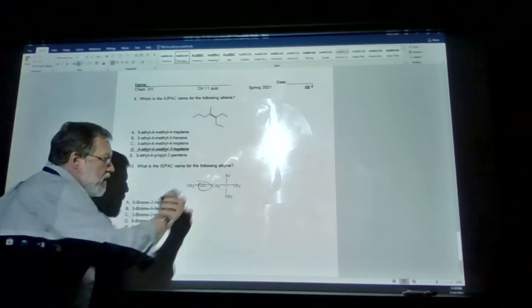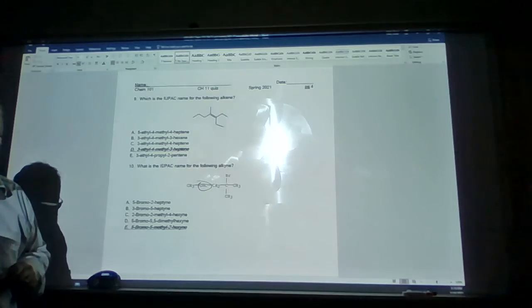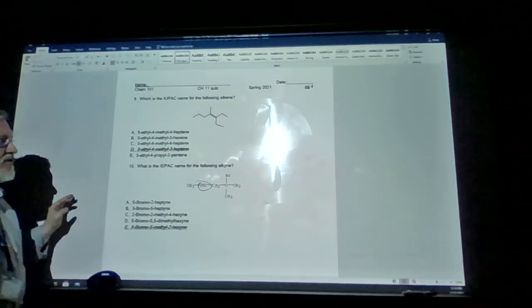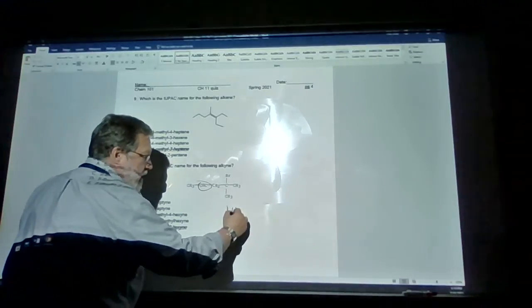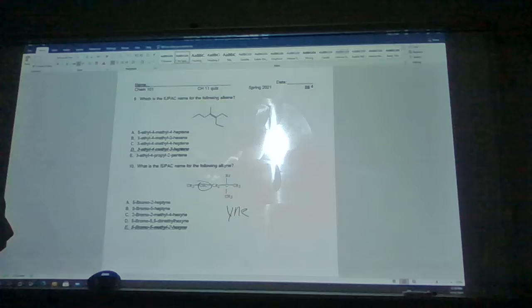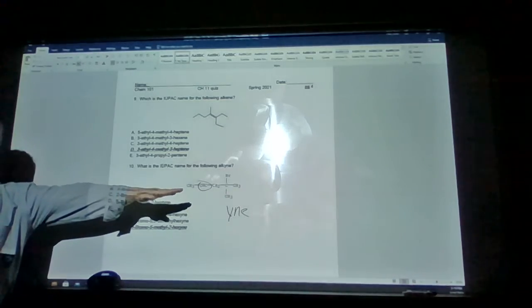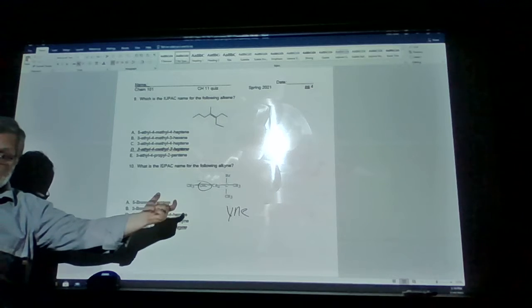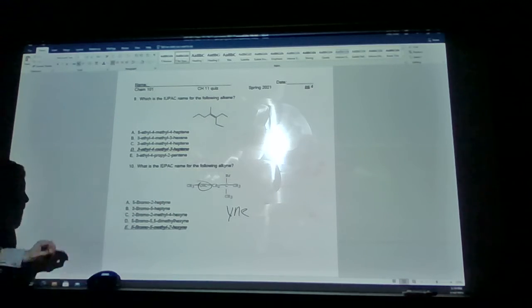There. Both carbons are out of the glare. These 2 carbons, carbon-carbon triple bond. This makes it a yne. So we need to count the number of carbons that goes through both carbons that are part of the triple bond that has the longest continuous connection of carbons.